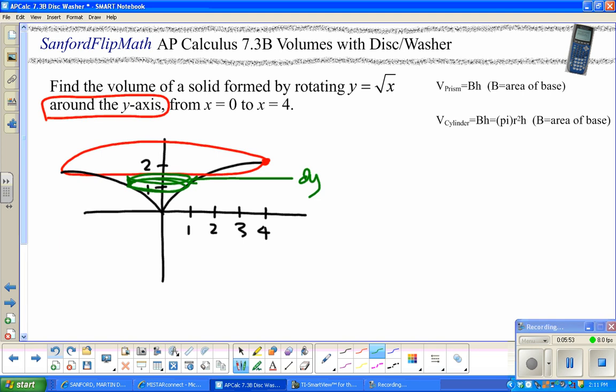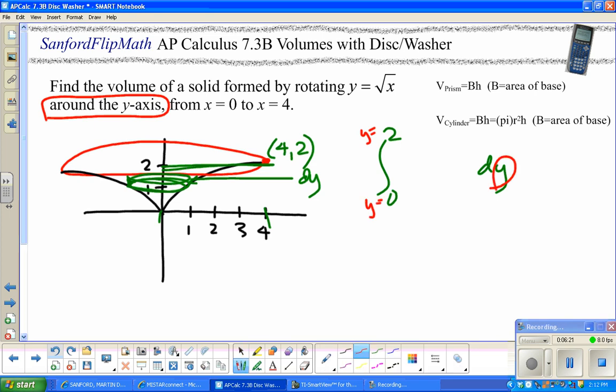So it's going to be dy here, and we need to be thinking y values now. At this point is still, again, 4, 2, but instead of going from 0 to 4 that way, we're going to be going the other way, from 0 to 2. Again, these are y values now, because this is dy.